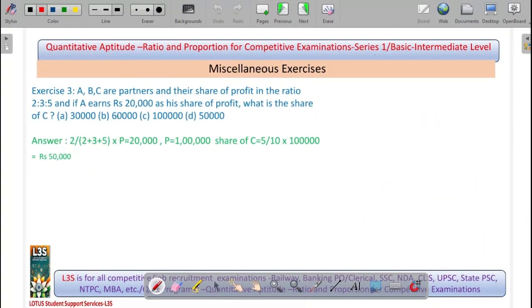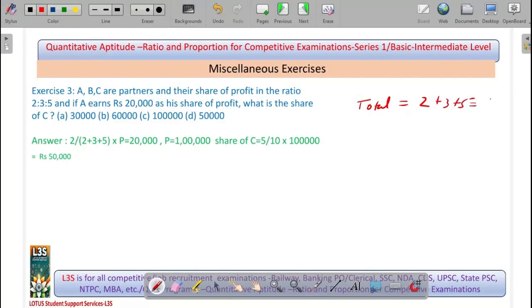Next question. A, B, C are partners and their shares of profit are in the ratio 2:3:5. If A earns 20,000 rupees as his share of profit, what is the share of C? So the total ratio will be 2:3:5.